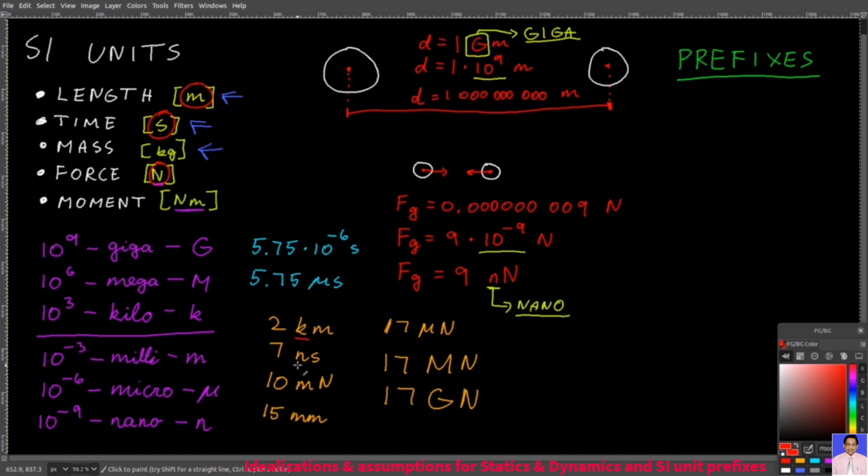So all these prefixes here that you can see, they all tell you what powers you're dealing with here.